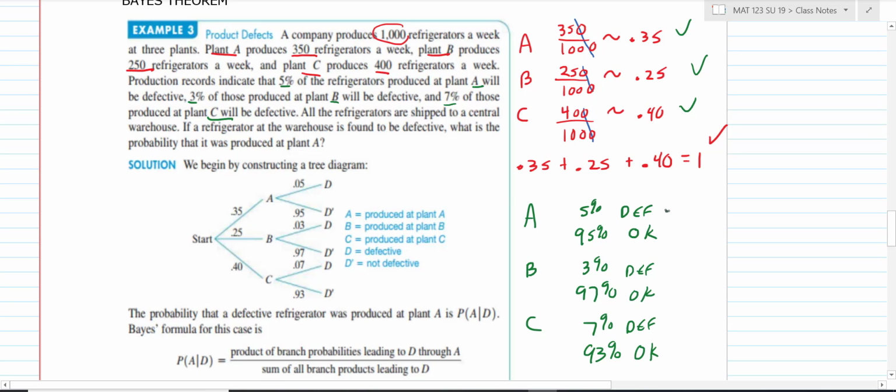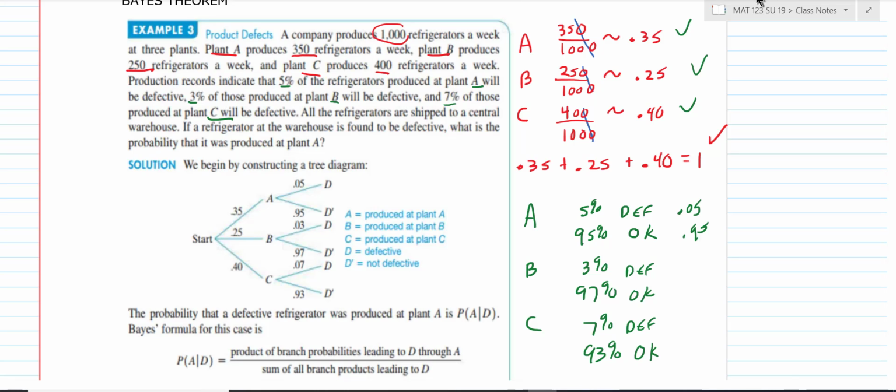Then we start branching out from here. This would be 0.05 and 0.95. So 5% are defective, 0.95 are okay. That's the D and the D prime. D is defective, D prime is not defective. Then you have 3% and 97%, 7% and 93%. So you want to look at this information and understand how that's been put into that tree diagram.